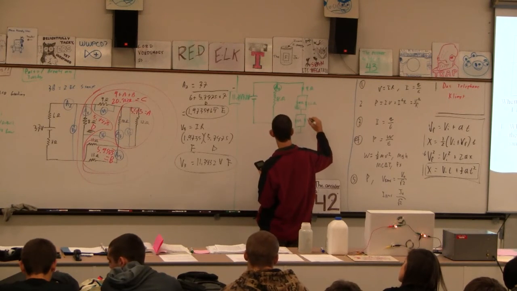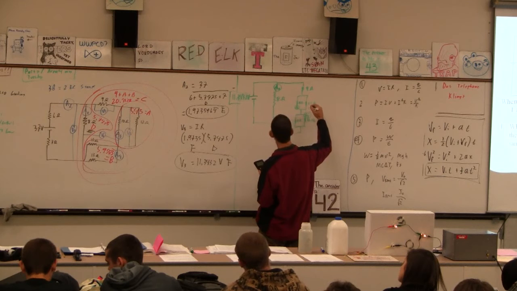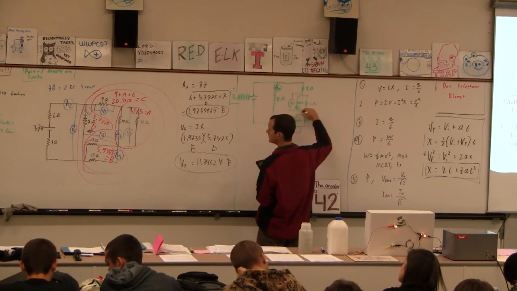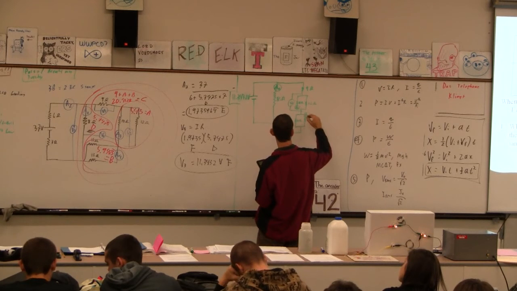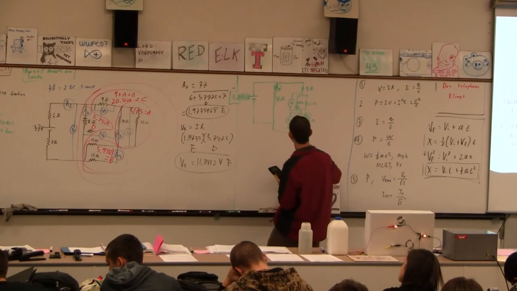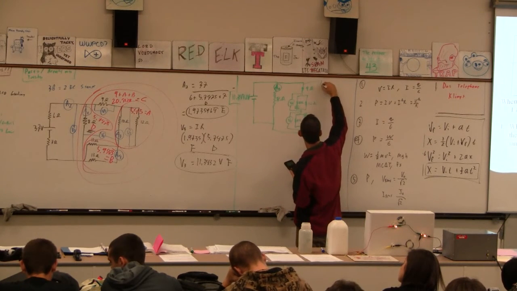And A4 is here. And then there's a voltmeter across this guy, V2. And then there's a voltmeter across this one, V1 is across this guy. I'm redrawing this circuit. This is a radical redraw. V4 is across this guy.